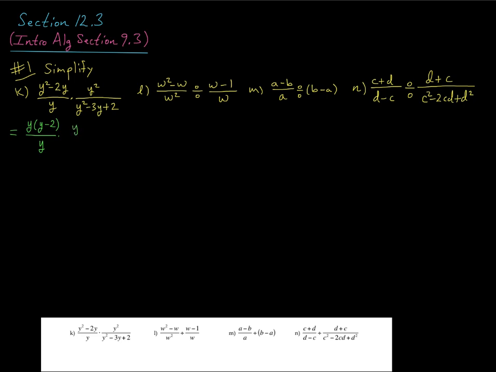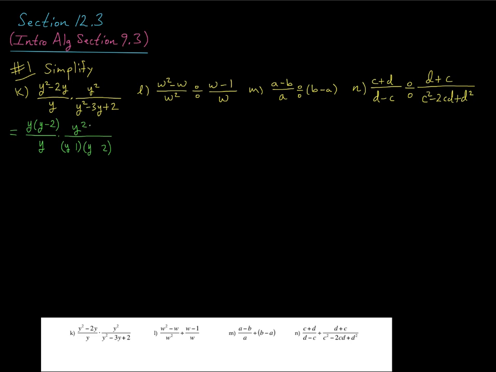For the second factor, I have a y squared, and then over here I'm going to go ahead and factor that trinomial. For the y squared, I'll need a y and a y. And for the 2, there's just one option: a 1 and a 2.